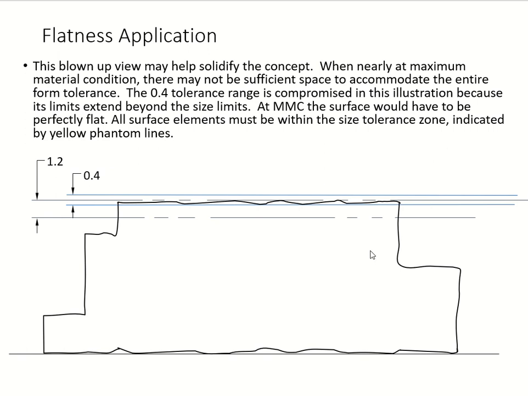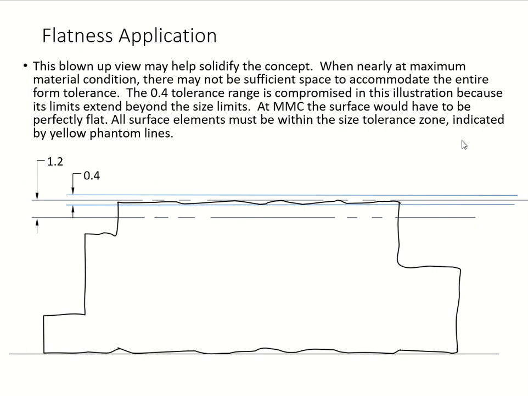Here's a very big view, an exaggerated or blown up view. You have your max, and you have your 0.4 tolerance zone, which is the blue one. Your max is 1.2. So at MMC, the surface has got to be perfectly flat, but all surface elements have got to be within the size tolerance zone.